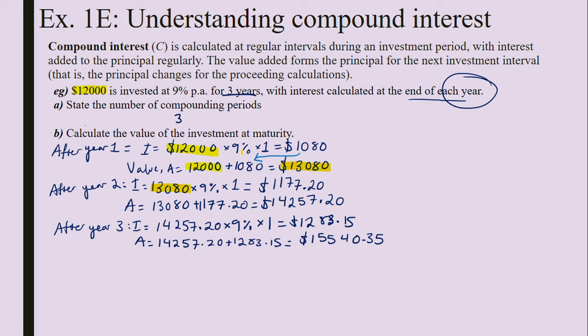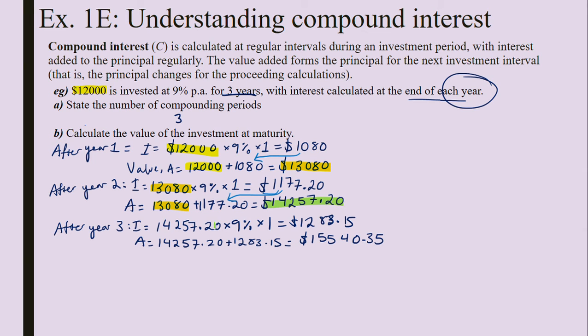We again multiplied it by the 9% times 1 year, and we got an interest figure of $1,177.20. So we took that, okay, and we added it on to the previous principal again, which is where that number again comes from. Okay, and that gave us a principal at the end of the second year.